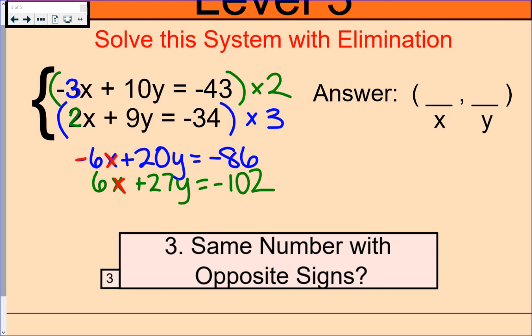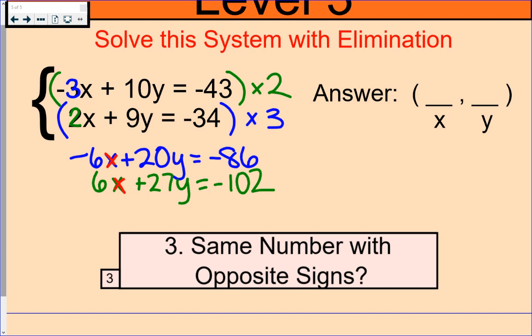So just for kicks and giggles, let's imagine that these were both +6. Then what you would do is you would make this a -6, a -20, and a +86 over here. Okay? So just in case you're stuck, that would be a thing that you might want to consider. But for now, we're good because we have our -6 in the top and our +6 at the bottom.